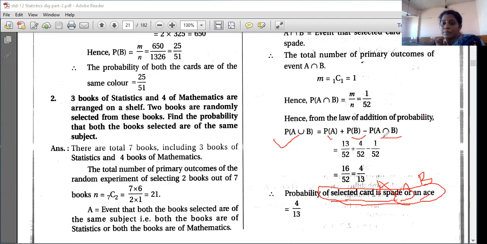Here P of A is the card is a spade, P of B is the card is an ace, and P of A intersection B is the card is a spade and ace. And gives intersection, or gives union. Always remember that.